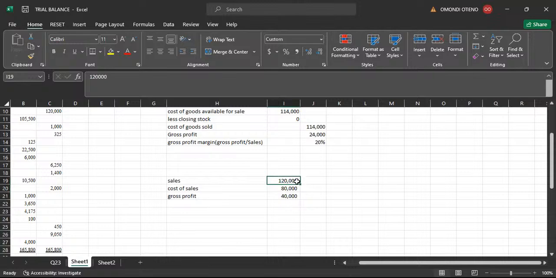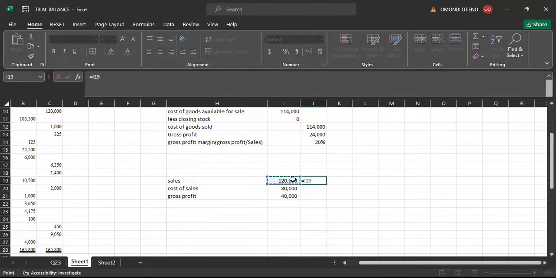But now we want to express them as a percentage of sales. So what percentage of sales do gross profit represent? What percentage of sales do cost of sales represent?